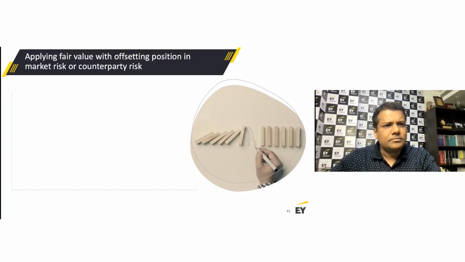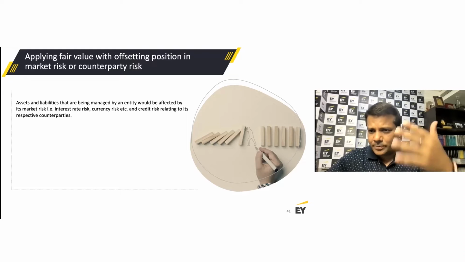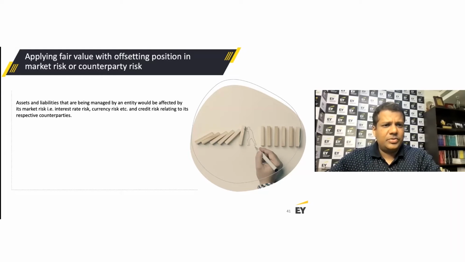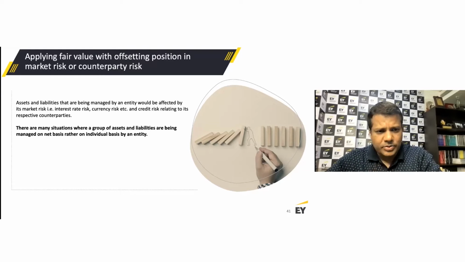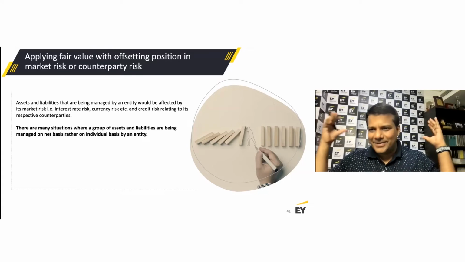Looking at it from a market forces perspective, how these assets and liabilities are being managed by an entity would be affected by its market risk, which is interest rate risk, currency risk, price risk, and credit risk. So there are four types of financial risk, which you know. And then there could be any number of non-financial risks. Whether it's going to rain today or not, that's a non-financial risk.